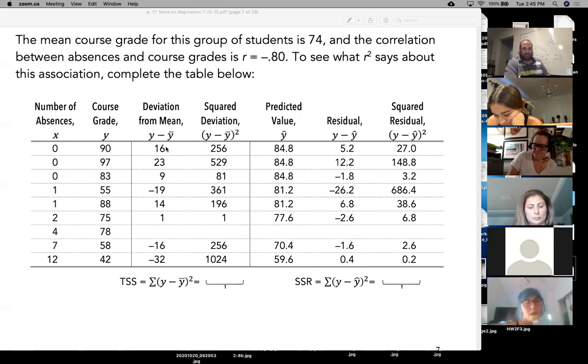How do I calculate Y bar? Add them and divide. So 90 plus 97 plus 83 plus 55 plus 88 plus 75 plus 78 plus 58 plus 42.